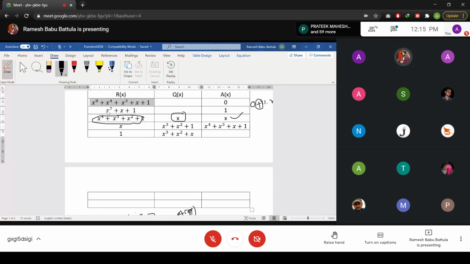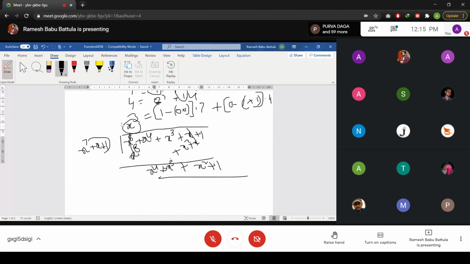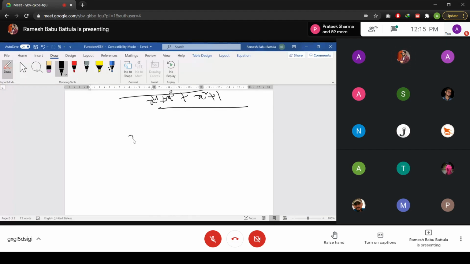Again, I have x to the power 4 plus x plus 1 and x to the power 4, x to the power 3, x square plus 1. So now I have to choose this one, x to the power 7 plus x plus 1, and here it is your value x to the power 4 plus x to the power 3 plus x square plus 1.